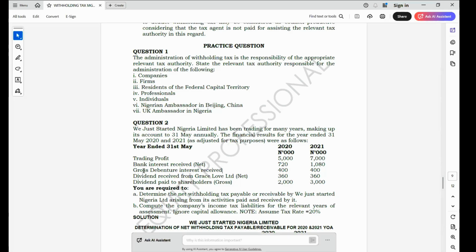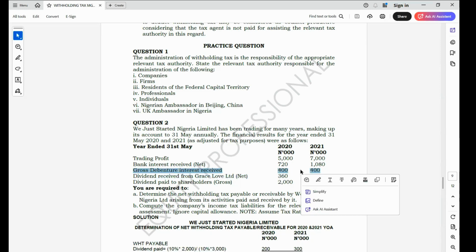So the second, we have a gross debenture interest received, gross. This indicates that this amount was collected in full. Because they collected this amount in full, they cannot claim any withholding tax on it.